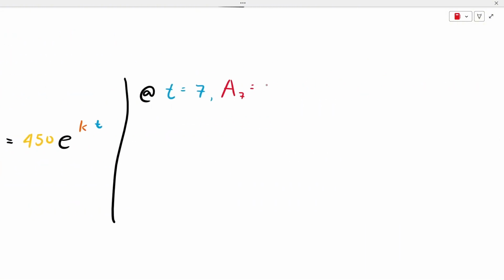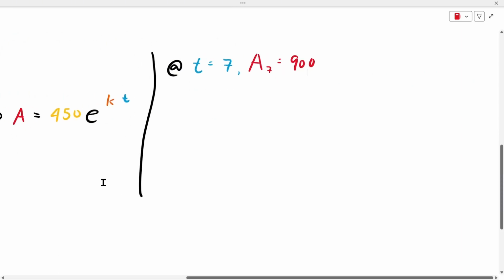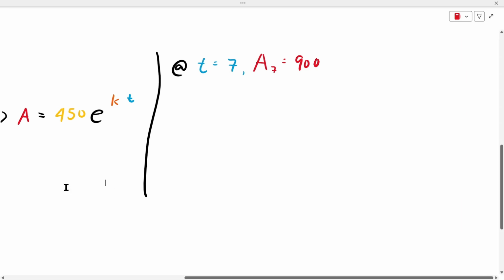Let's substitute those values so that we could get the value of k.